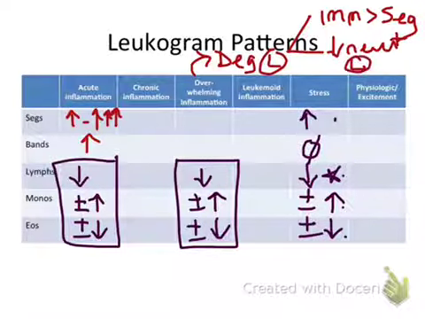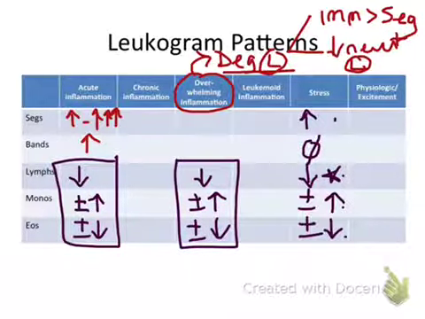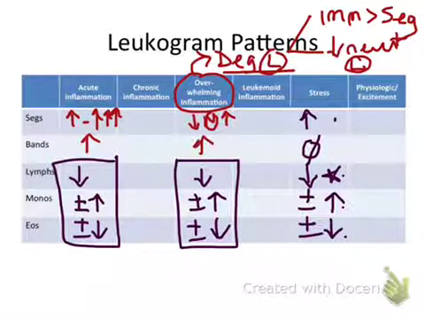So in either of those instances where there's a degenerative left shift, the interpretation for that is overwhelming inflammation. So segs may be decreased, normal, or increased, and you will have a left shift with bands.